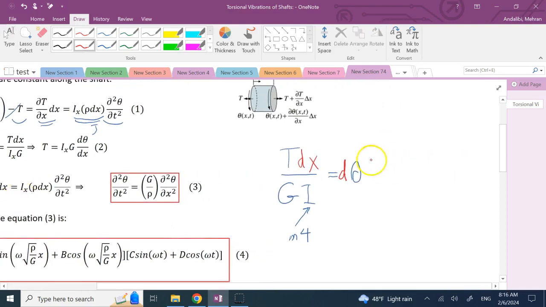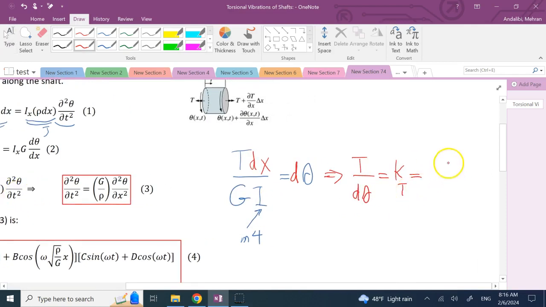And if you remember, the torque over theta was called the torsional spring equivalent of the bar or the shaft, which is GI over L, or dx in this case. In general, this could be replaced by L. So this was that torsional stiffness, or the torsional spring constant for a shaft, correct?